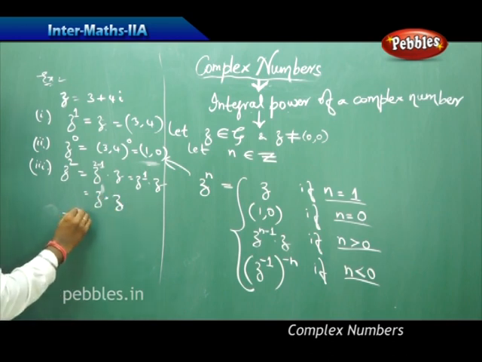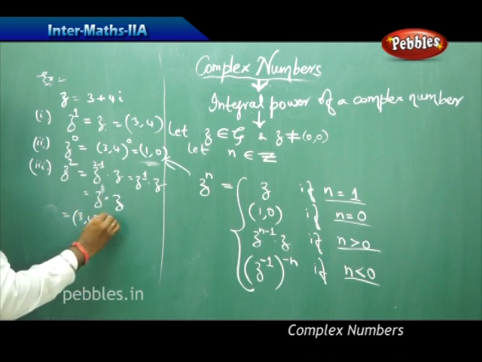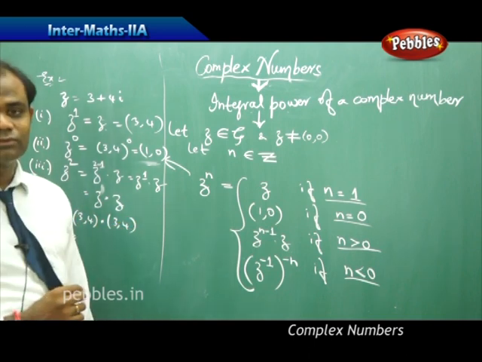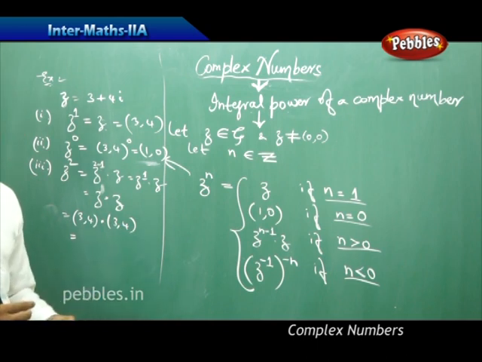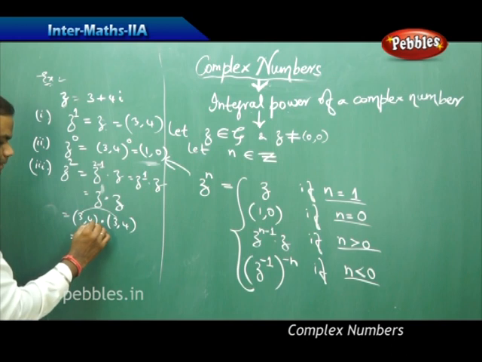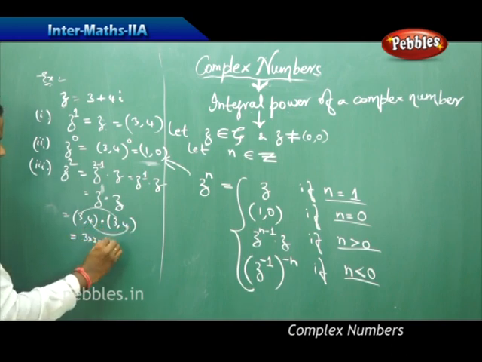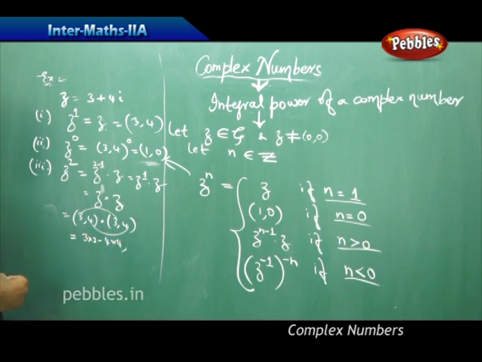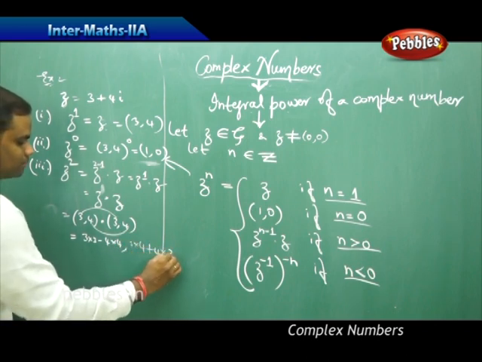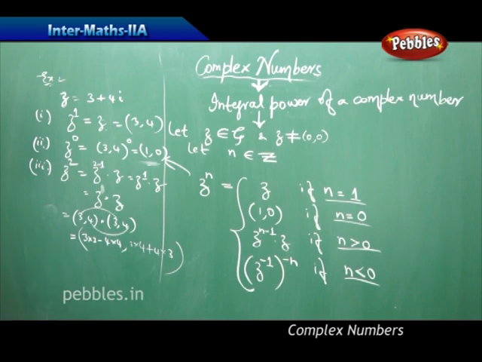Now z into z is (3, 4) into (3, 4), which we have seen as the product of two complex numbers (a, b) and (c, d): (ac - bd, ad + bc).